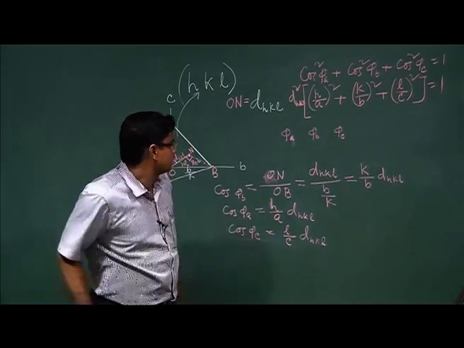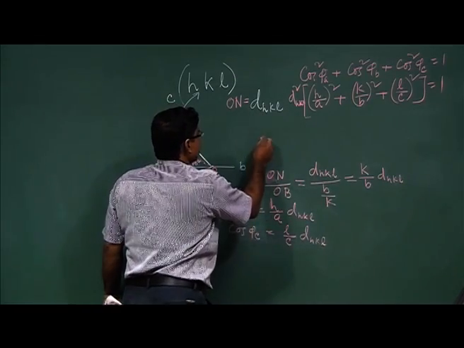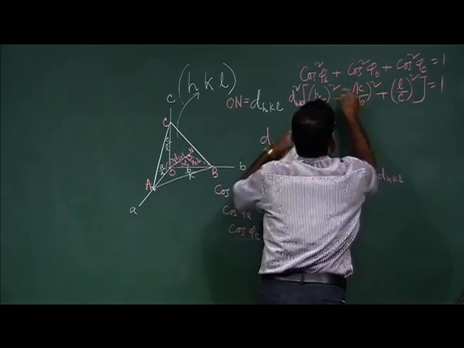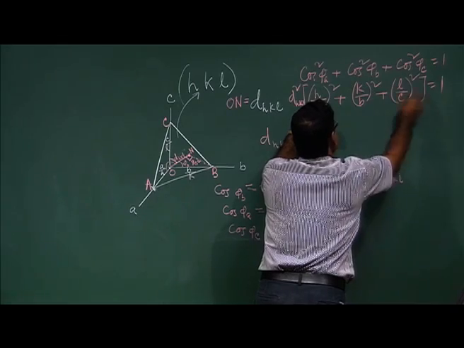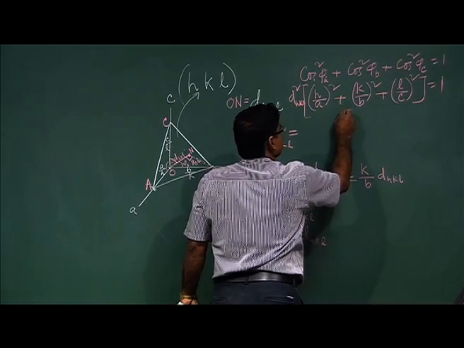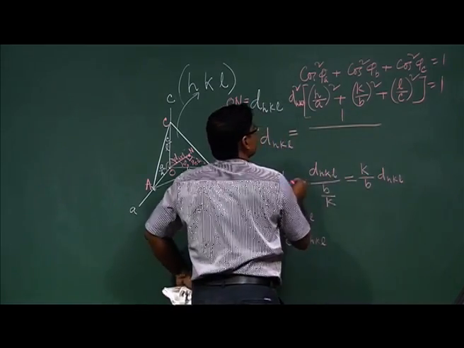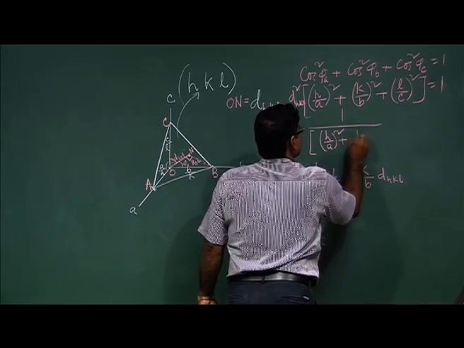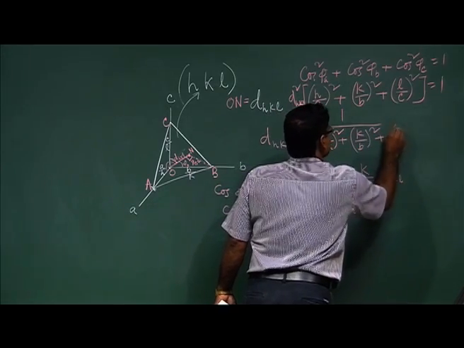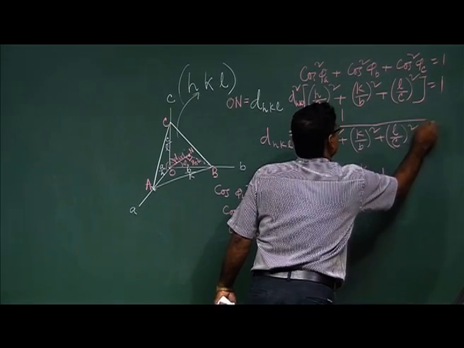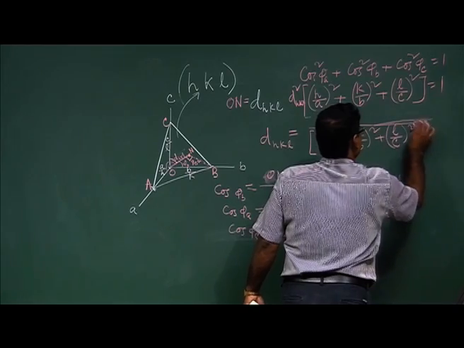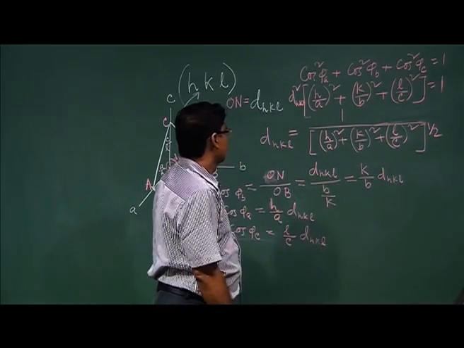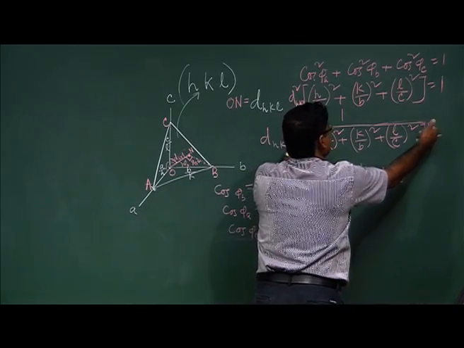So I can write DHKL equal to 1 by the square root of that, so 1 by h by a whole square plus k by b whole square plus L by c whole square, all to the power half, or one can write this as a power of minus half.